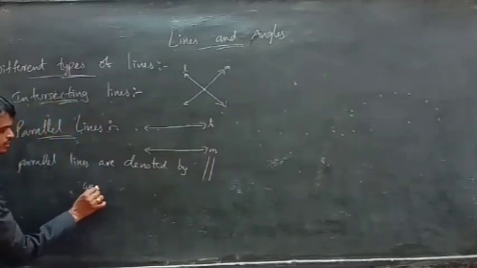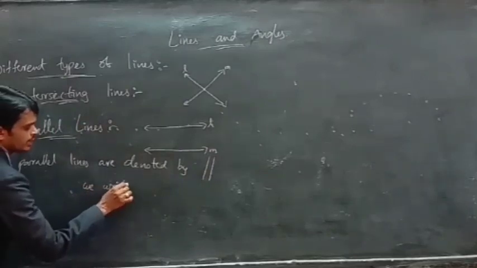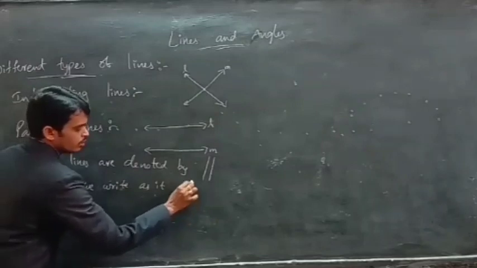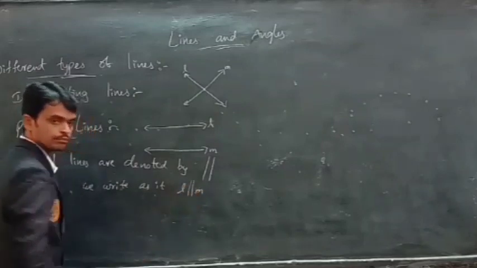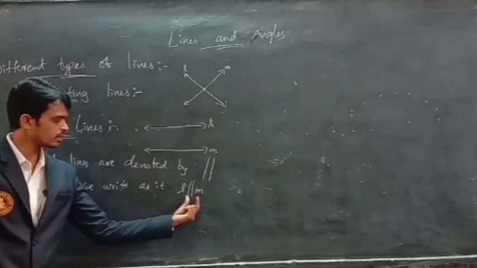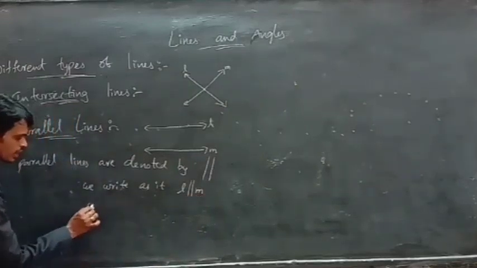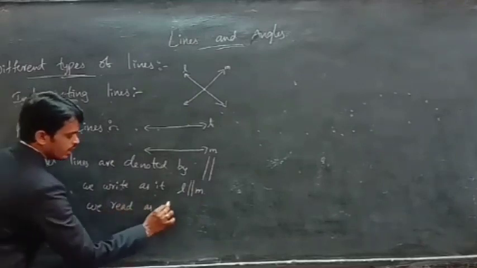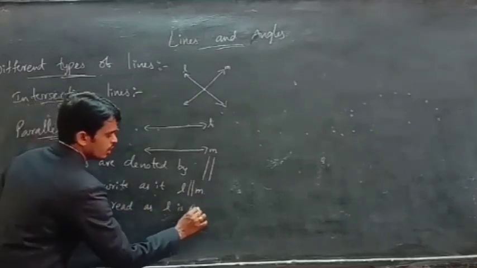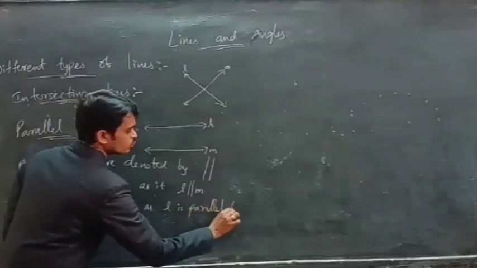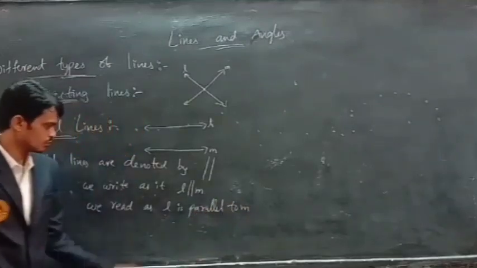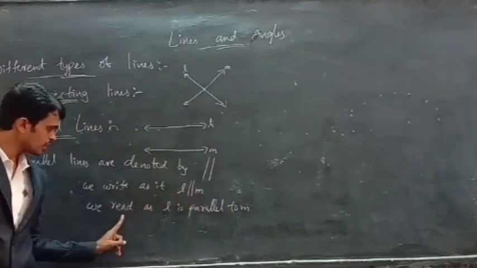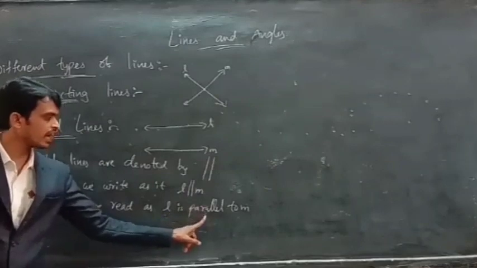We write L parallel to M, like this, and we read it as L is parallel to M.